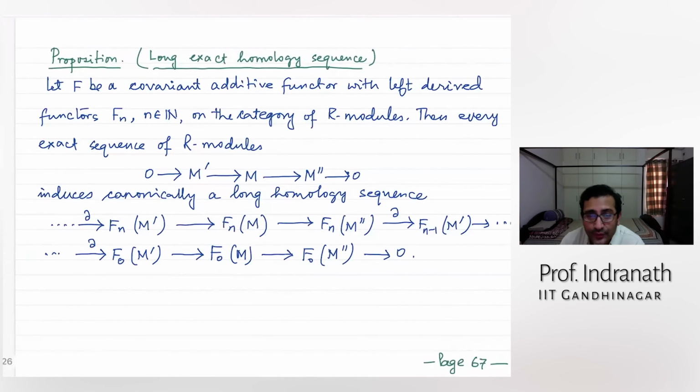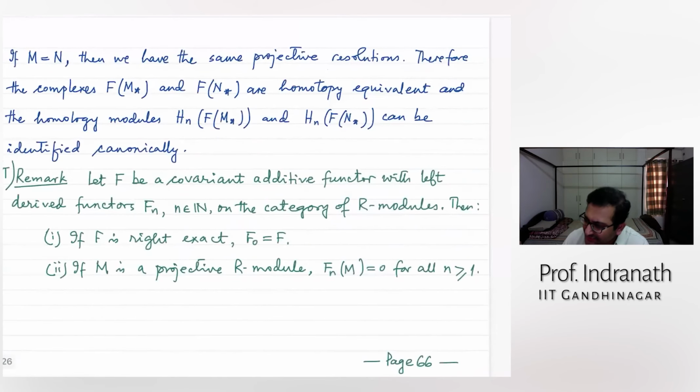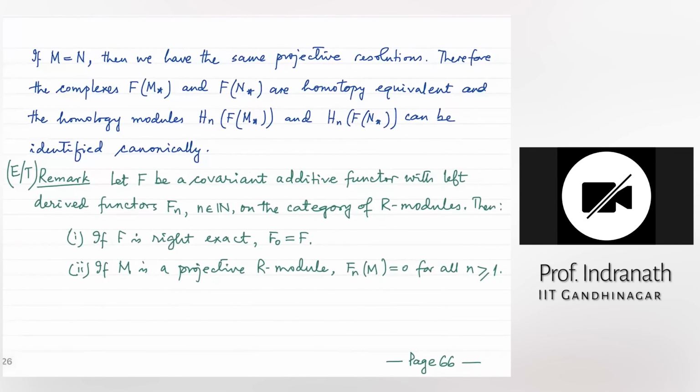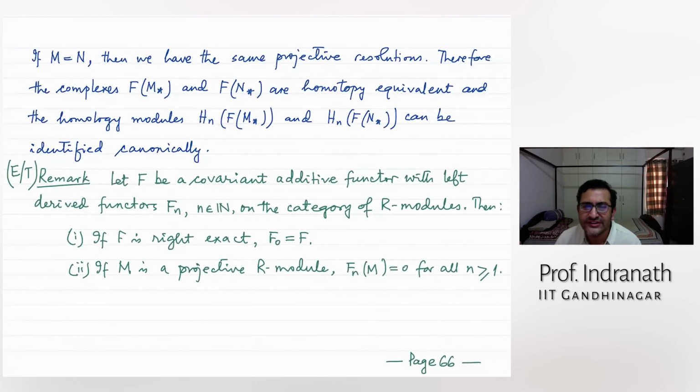So far you haven't used it, that is true. For just defining, we haven't used it. We only need that we have this map at the level of homology. After you define that, the only thing you need is that it should map a complex to a complex after you apply the functor.